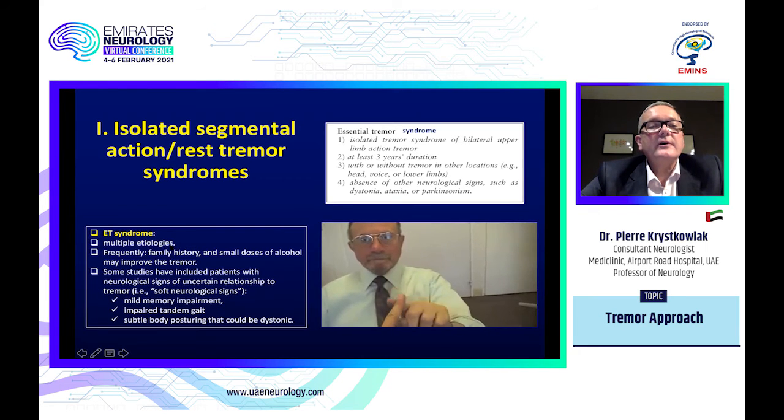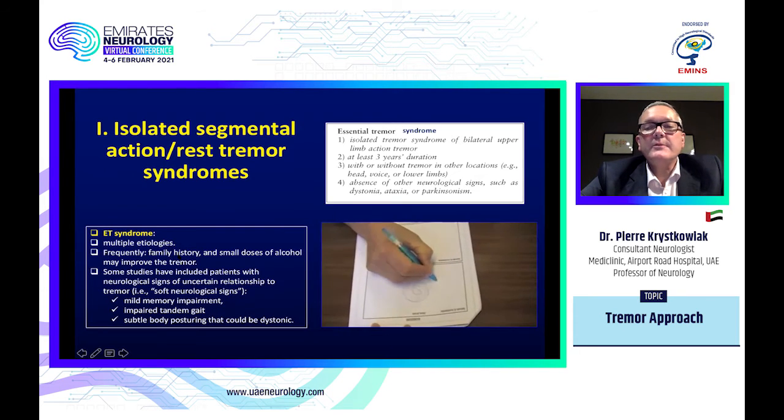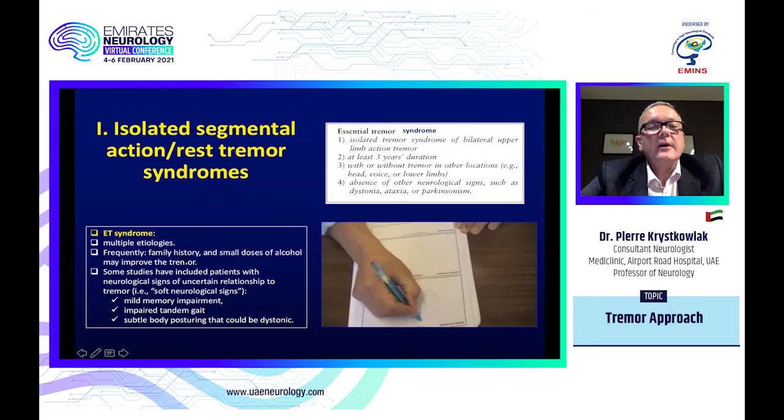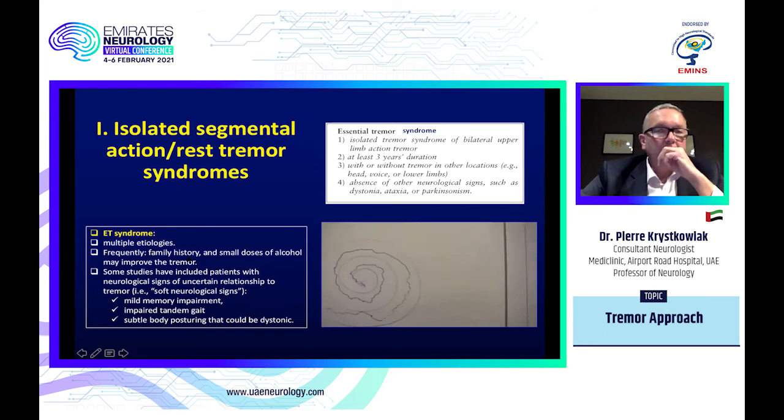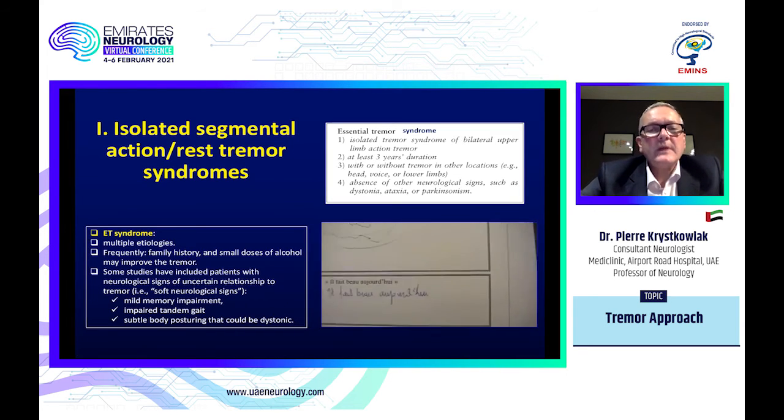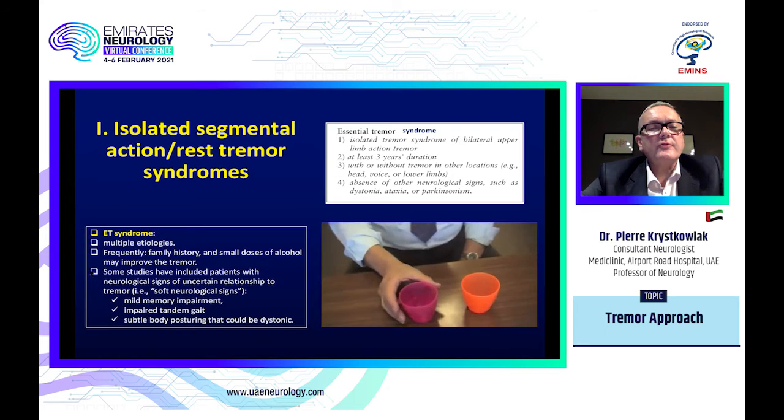So this essential tremor syndrome has multiple etiologies. Frequently, you find a family history, and small doses of alcohol may improve the tremor.